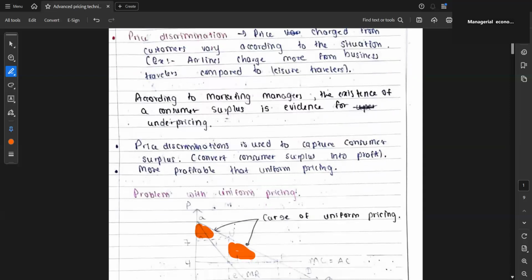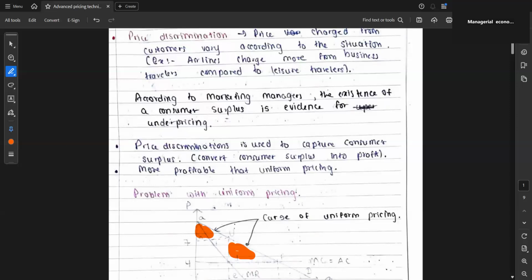Then, according to marketing managers, the existence of a consumer surplus is evidence of underpricing. So marketing managers say that if there is some sort of consumer surplus, that is evidence of underpricing. Price discrimination is used to capture consumer surplus. So why do we use price discrimination?